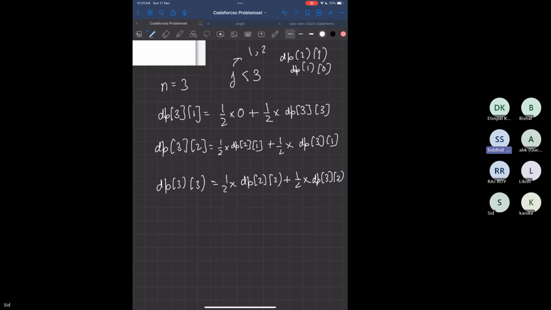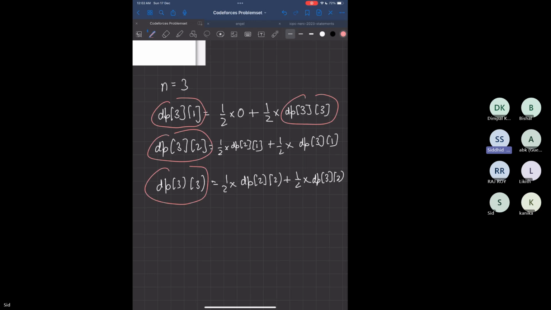So how many variables do we have here? This is a variable, this is a variable, this is the same variable, and here also the same variable. So we have 3 variables and we have 3 equations.